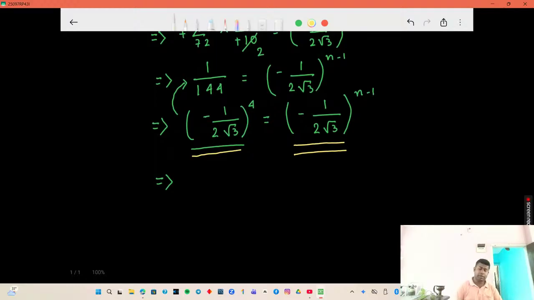Therefore, we can conclude that the powers will also be equal. So here we can write 4 is equal to n minus 1. Now from here we can calculate the value of n easily. So n is equal to 4 plus 1, which is equal to 5.